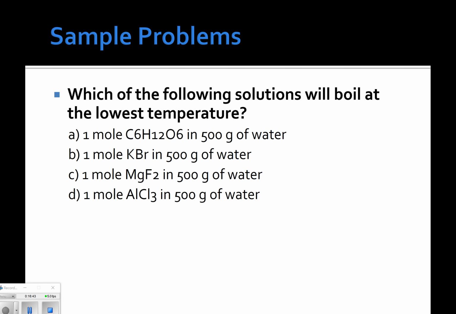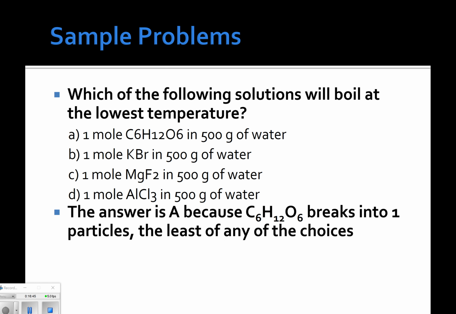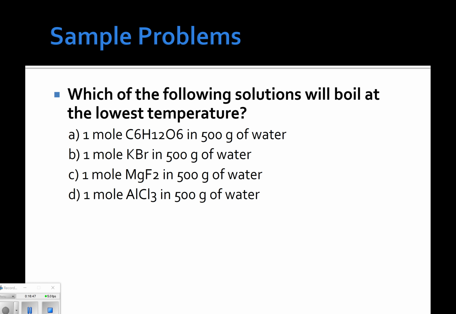Now, as in chemistry we deal with a lot of different trends, you can see with a lot of these practice problems, the trends continue as well. For this one, which one will boil at the lowest temperature? We're going to want the one with the least number of ions, or the lowest concentration. We're going to look for, in this case, the least number of ions. Now, these are the same examples from before.